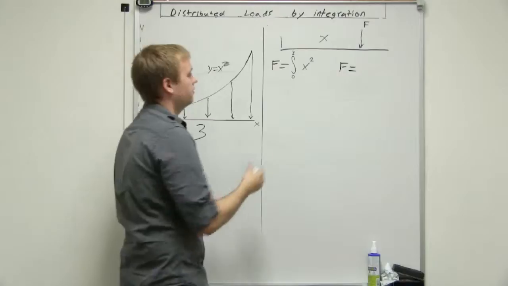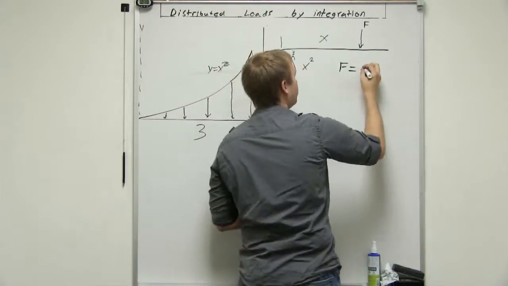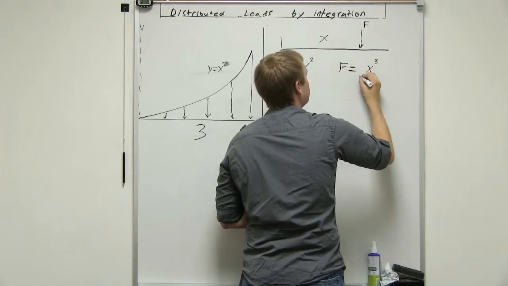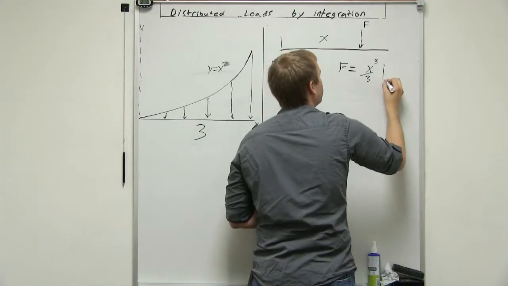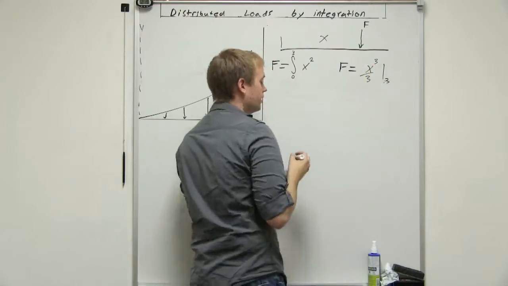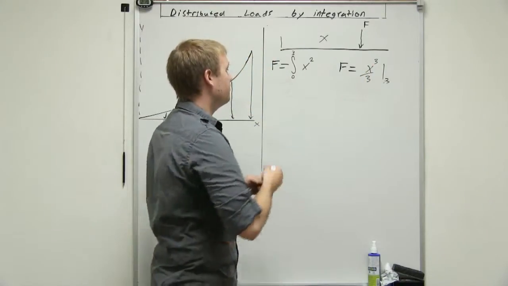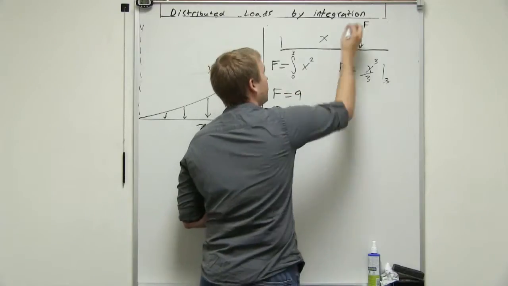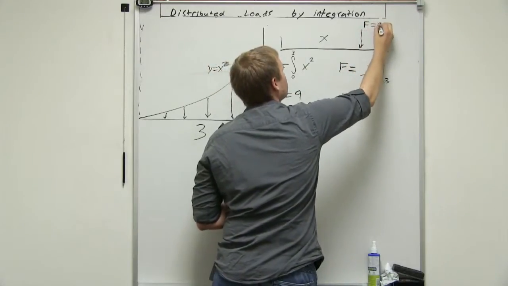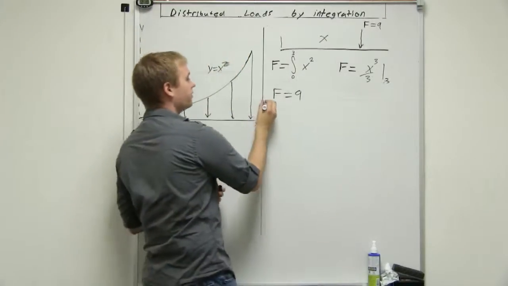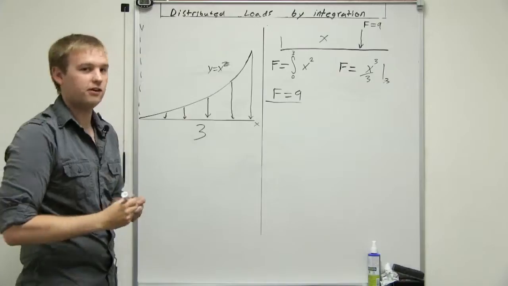Okay, so integrate that, becomes x cubed over 3 evaluated at 3. So 3 to the third, 27 divided by 3 equals 9. So our force equals 9 pounds. Okay, so force wasn't too bad, just integration.